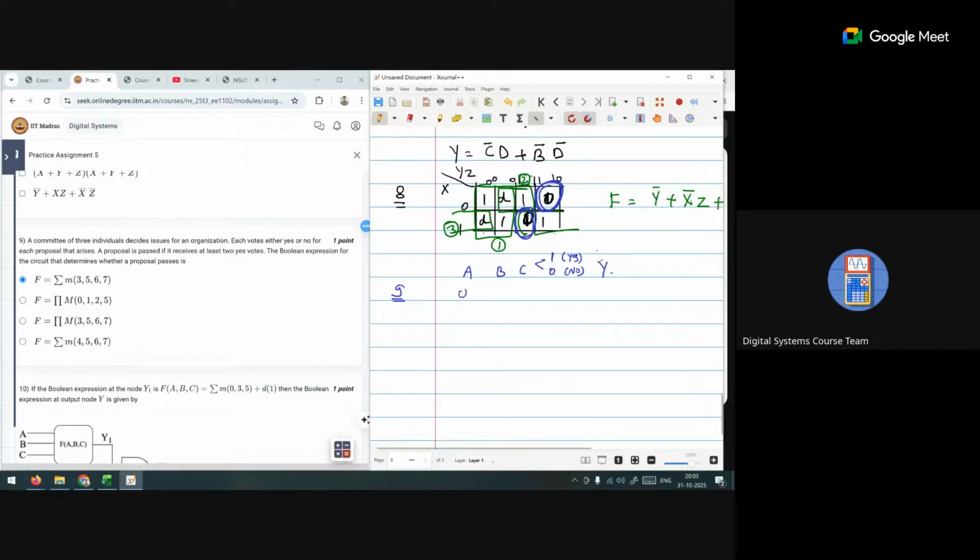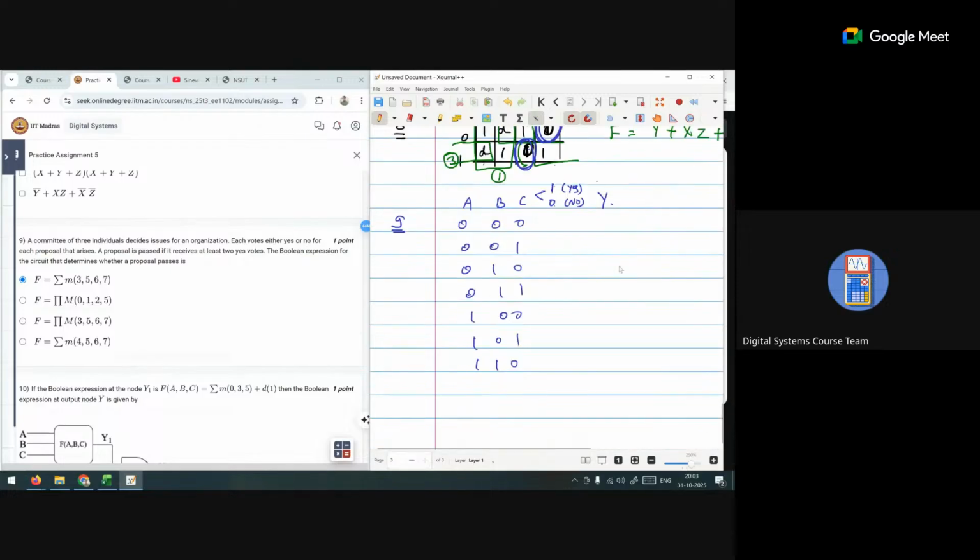Now what are the possible combinations? 0, 0, 0; 0, 0, 1; 0, 1, 0; 0, 1, 1; 1, 0, 0; 1, 0, 1; 1, 1, 0; and last is 1, 1, 1. So 2 yes means 2 ones. So here 2 ones, y is 1. Here 2 ones, y is 1, y is 1, y is 1.